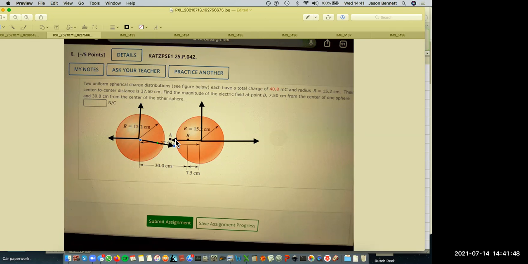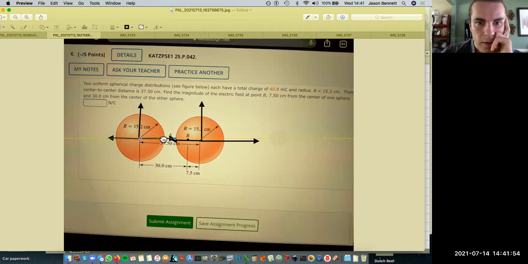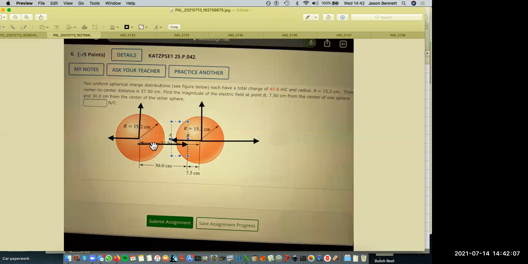Yeah, probably because even if I do the other way around, I just have to take the absolute value, I guess. Yeah, because it says magnitude, they're just asking about that. Okay, I guess that makes sense.